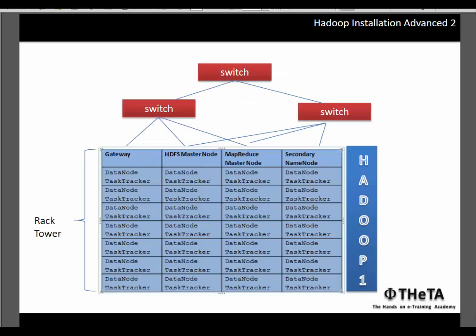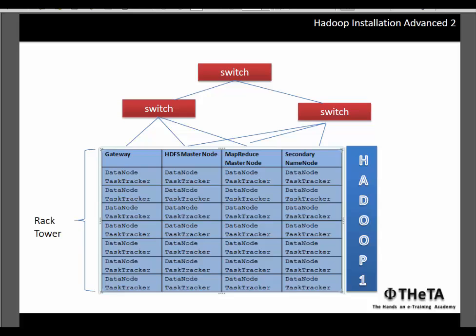So the typical Hadoop cluster looks like this. You can have rack towers, so data node and task tracker, which are slave daemons of HDFS and MapReduce, go into different nodes, which have higher terabytes of storage, but not as much memory processing as master nodes, right?